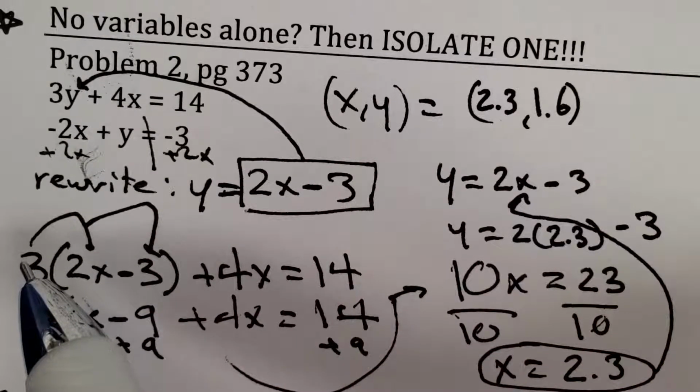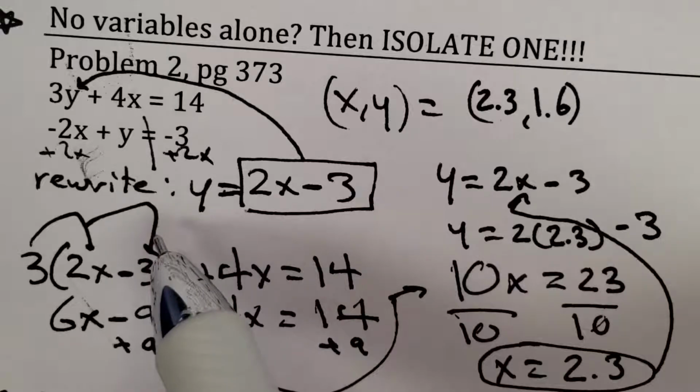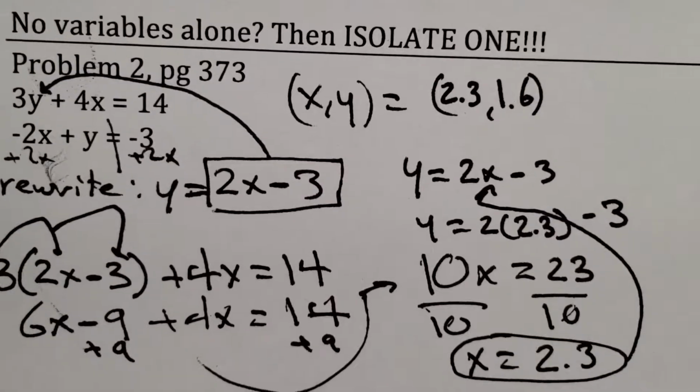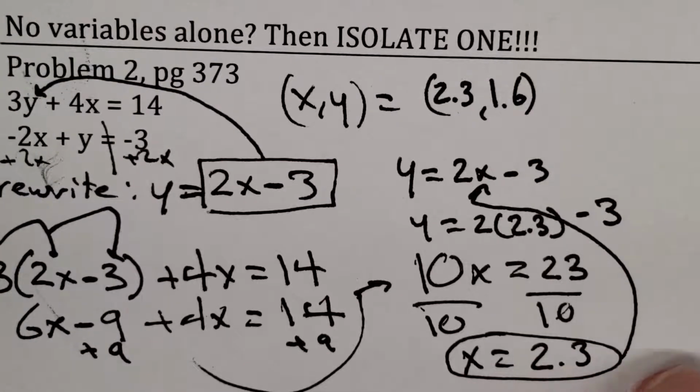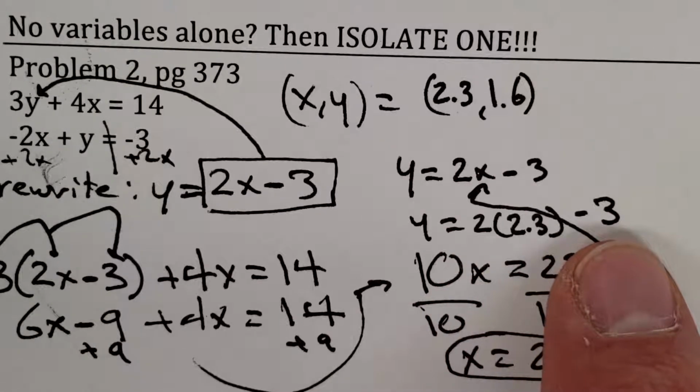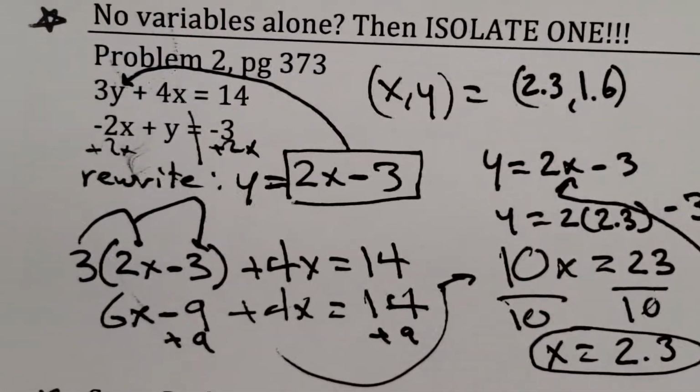One step, two step, distribution. So distribute, combine like terms. The 6x and the 4x becomes a 10x. Plus 9 equals 23, divided by 10. I get 2.3. X is 2.3. 2.3 goes back in for x. 2 times 2.3 minus 3 becomes 1.6.